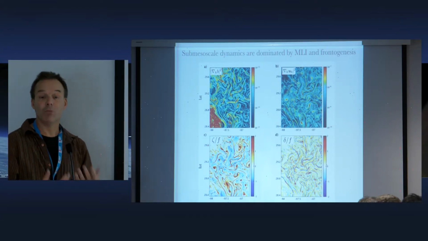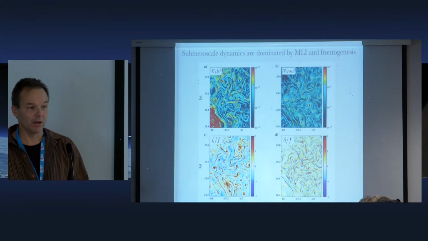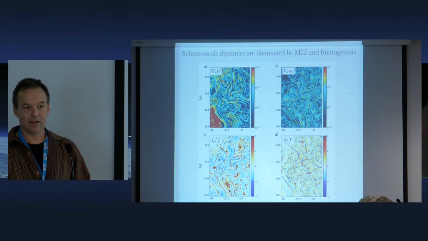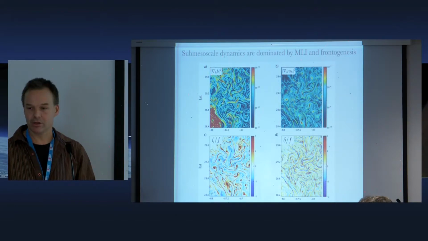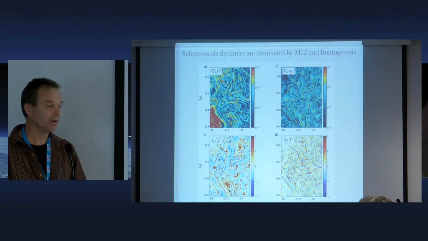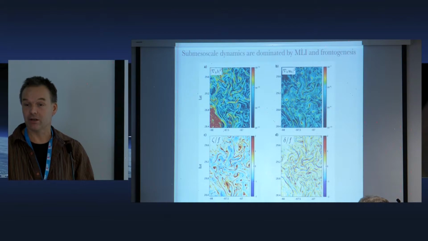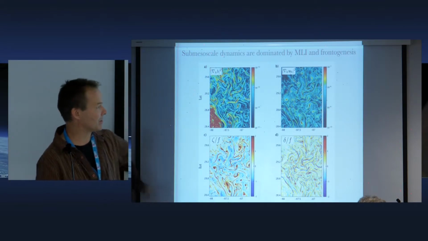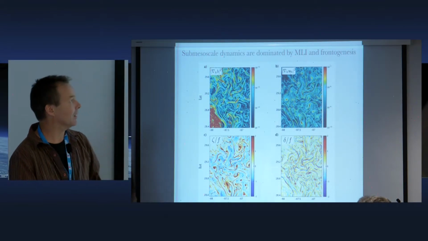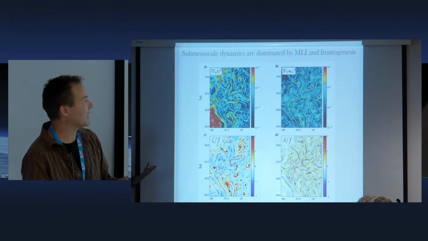But we've done more than that. Models have come a long way, and in addition to just saying geostrophy isn't valid at these small scales, we've made a lot of progress in knowing what actually is going on at those scales. These are a number of plots to illustrate some of the aspects.